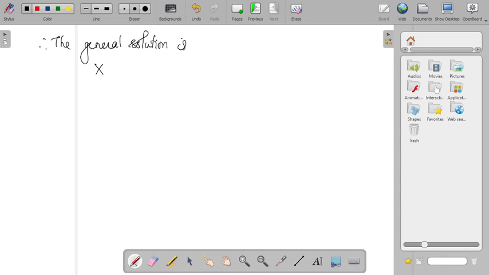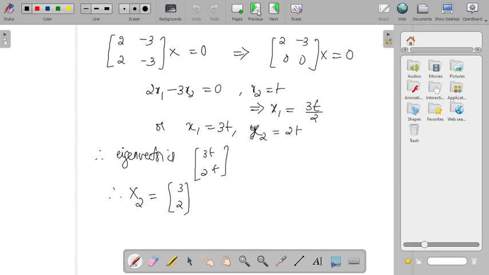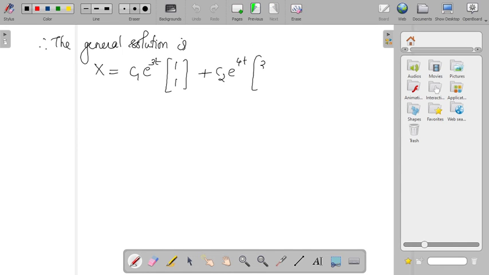x equal to c1 e raised to lambda t, so that is e raised to 3t, then the corresponding eigenvector 1, 1, plus c2 e raised to 4t into the corresponding eigenvector 3, 2.